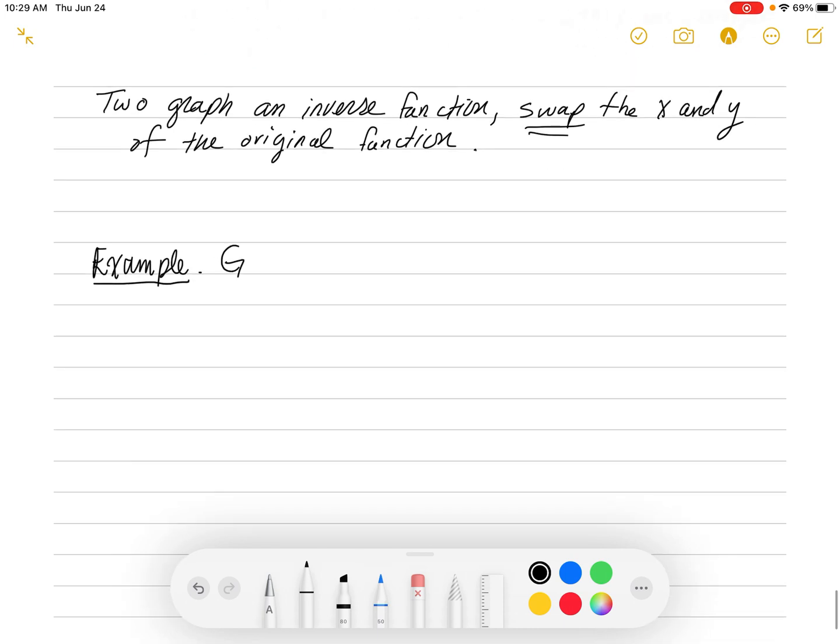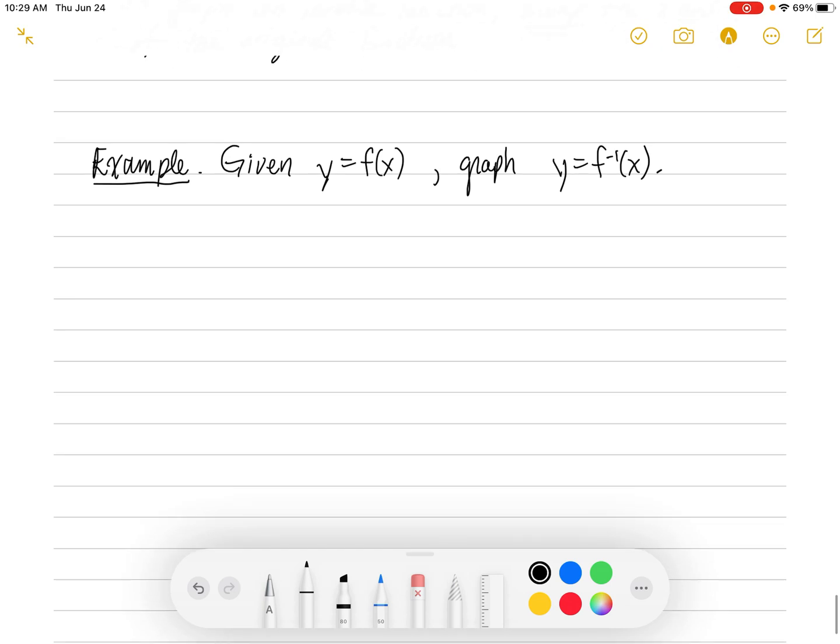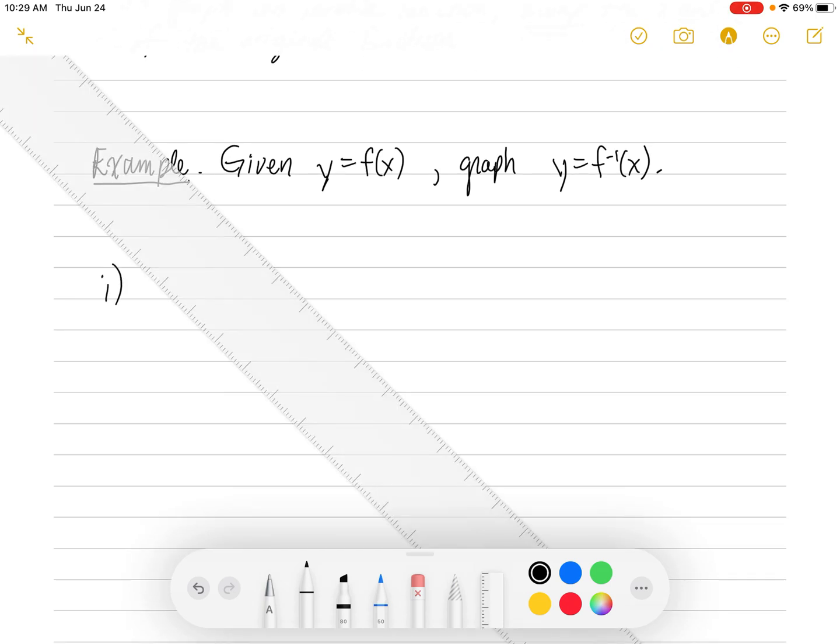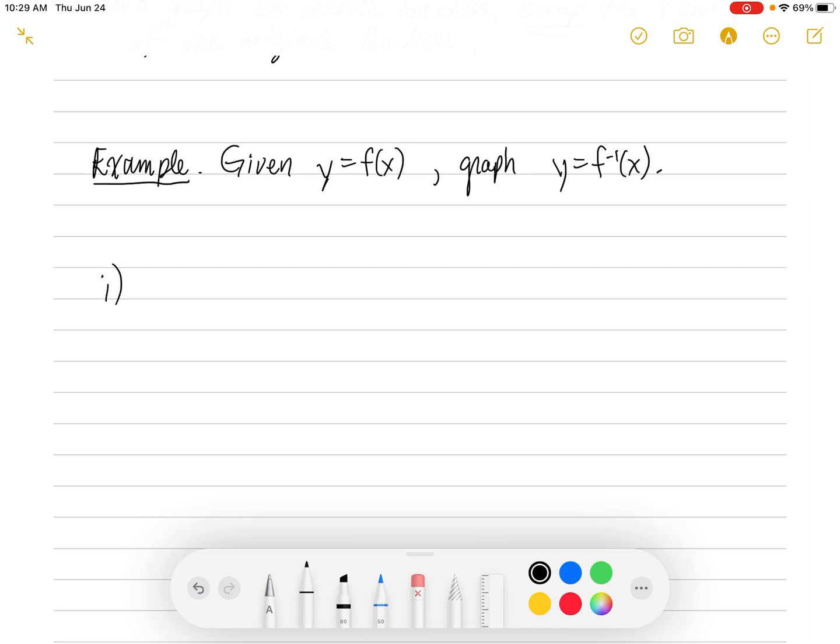Let me just do some examples of that. So some little examples. Given y equals f of x, graph y equals f inverse of x.